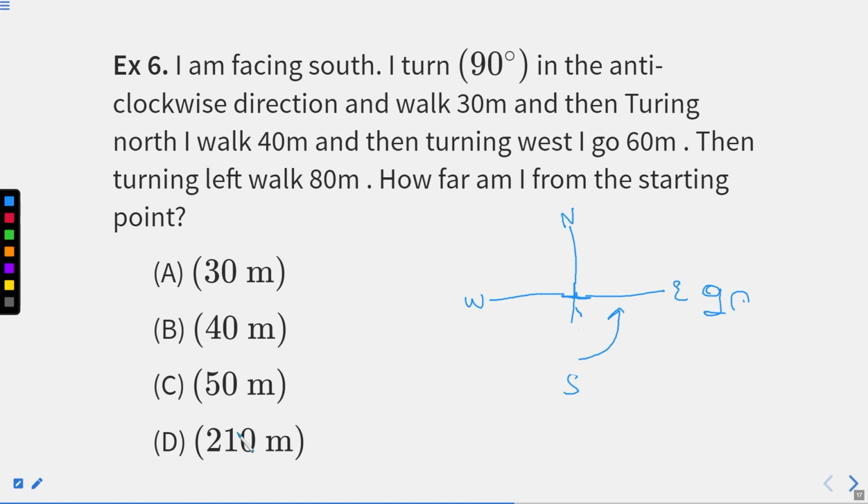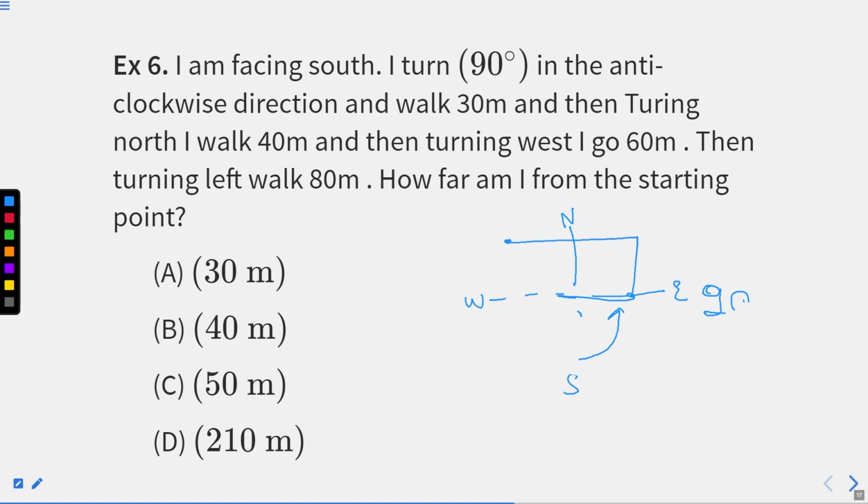Now as soon as we move to this part, we are walking 30 meters. Then you turn to north again, and you walk 40 meters, and then turn to west and walk 60 meters.